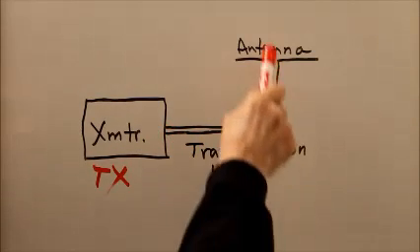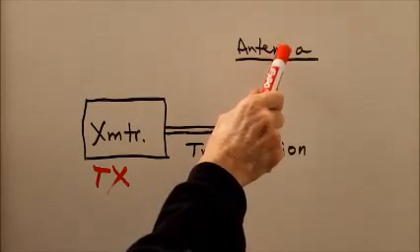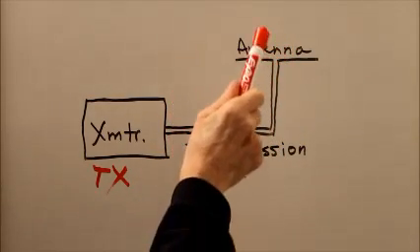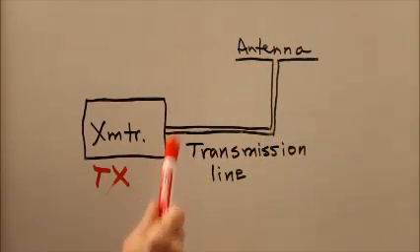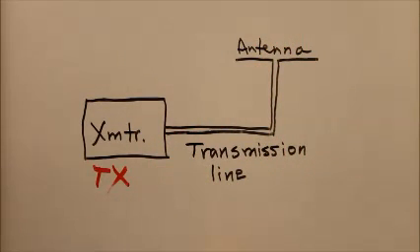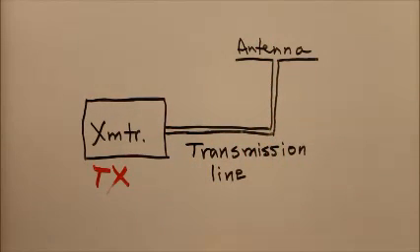Now let's suppose, to begin with, that this transmission line is perfectly matched. That means that the antenna is a purely resistive impedance that exactly matches the design impedance of the transmitter and also exactly matches the characteristic impedance of the transmission line.